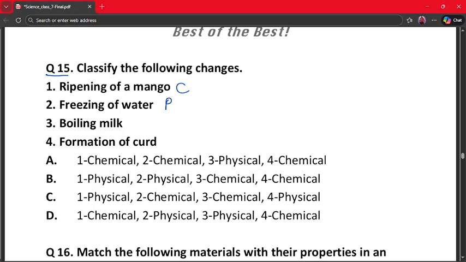And boiling milk is also a physical change. And formation of curd is chemical. So which option fits perfectly here? Chemical, physical, physical and chemical. Option D is the correct answer.